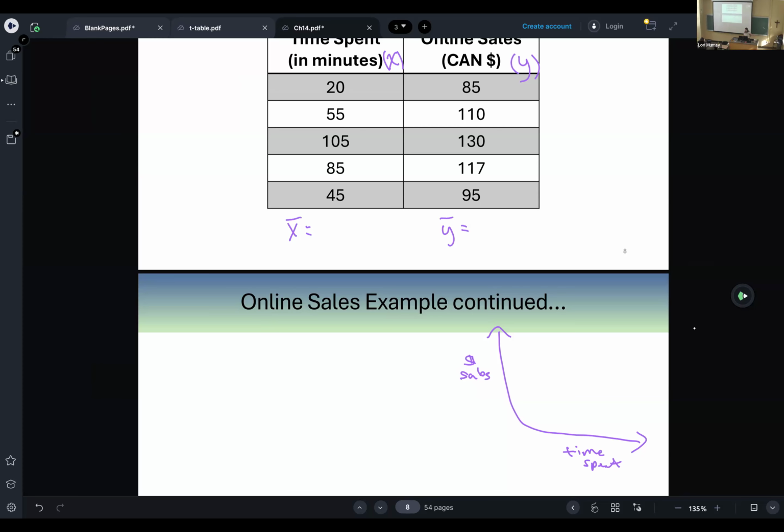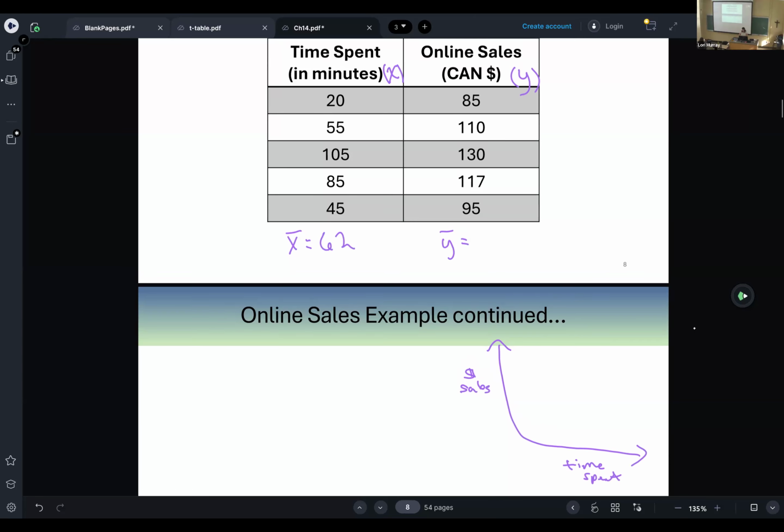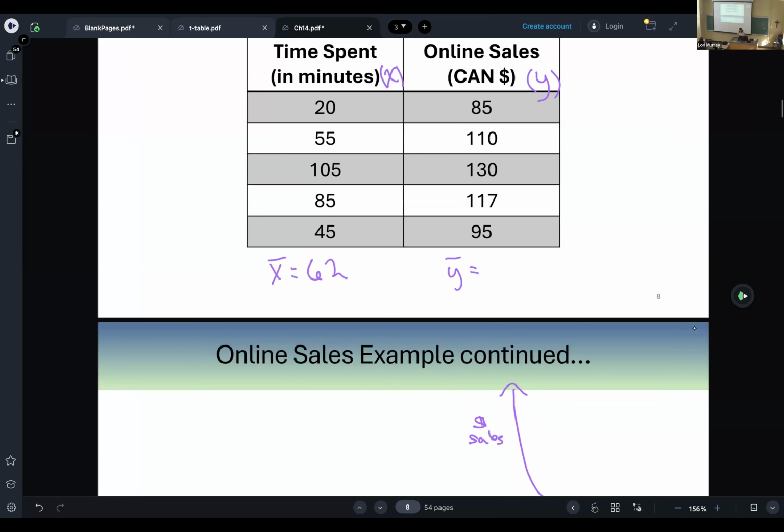Does anyone have an average sales or an average time spent? Time spent. That would be 20 plus 55 plus 105 plus 85 plus 45. 62 minutes. And let's get the average sales as well.